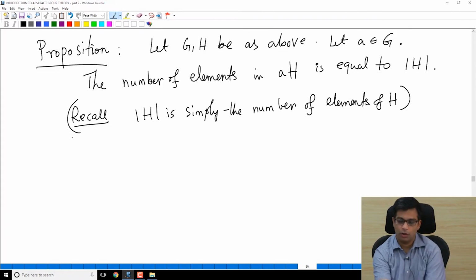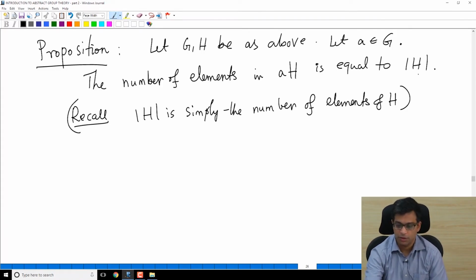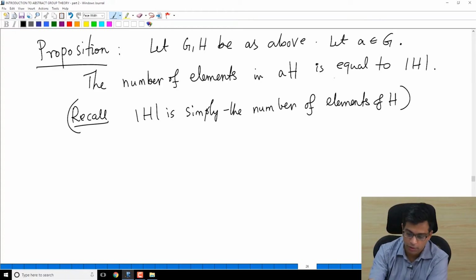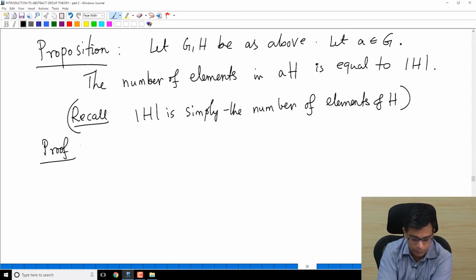Remember, I am not saying order of aH, because aH is not a group. aH is just a left coset. So the number of elements of aH is equal to the number of elements of H. That is the proposition. And the proof is very simple.